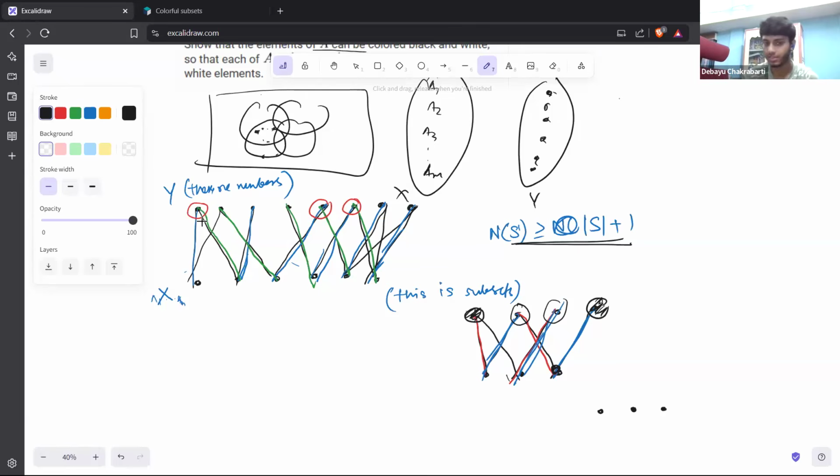Okay, let's try to construct a contradiction in the bigger graphs. So this is black, this is white, then this is white, black, white. This is black.